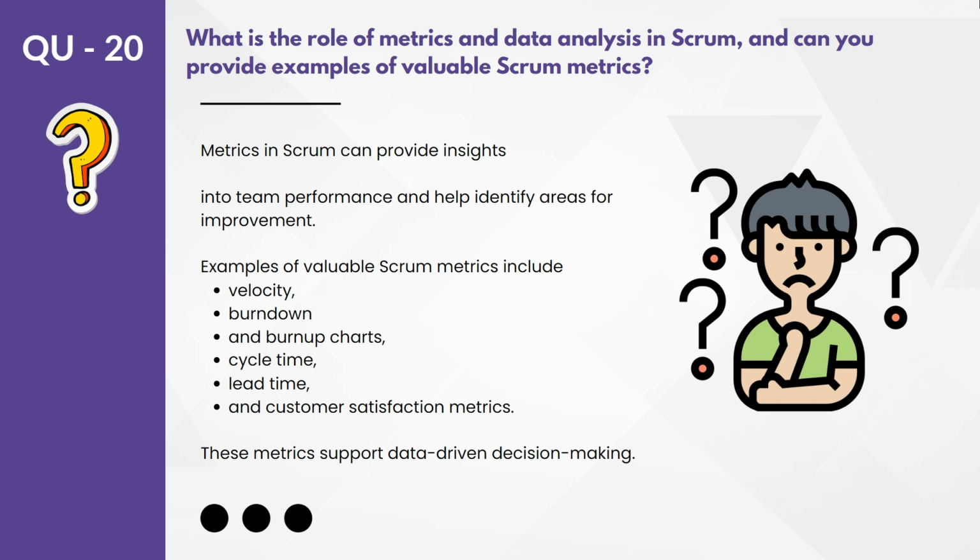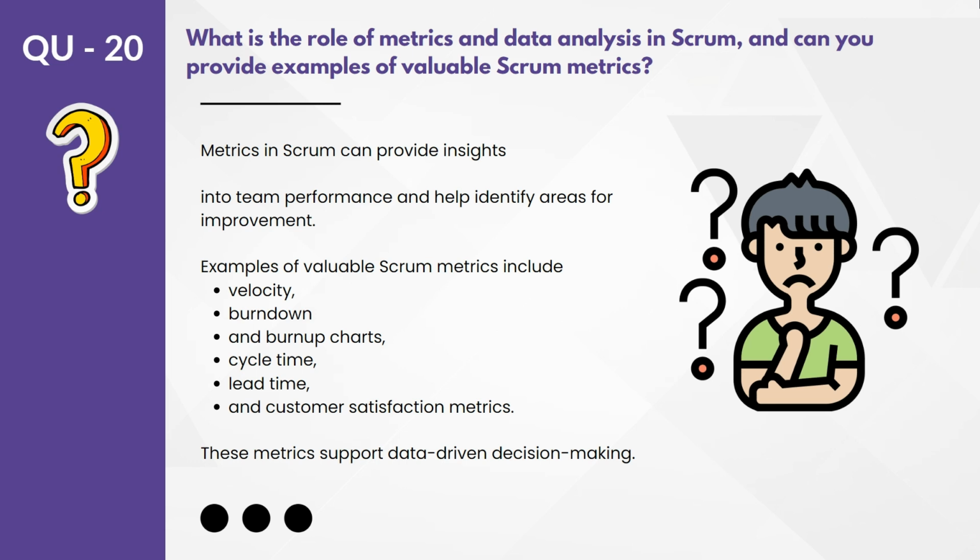It can be team performance and help identify areas for improvement. So based on this, you can identify how the team is performing, and based on that you can figure out what can be the area for improvement in the upcoming time.